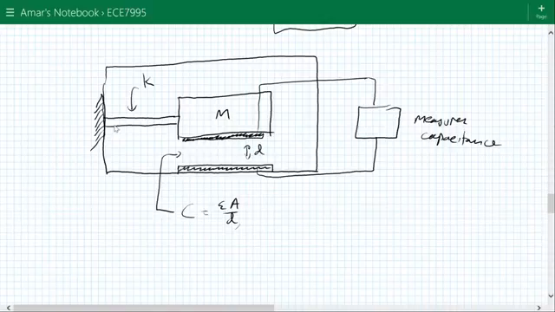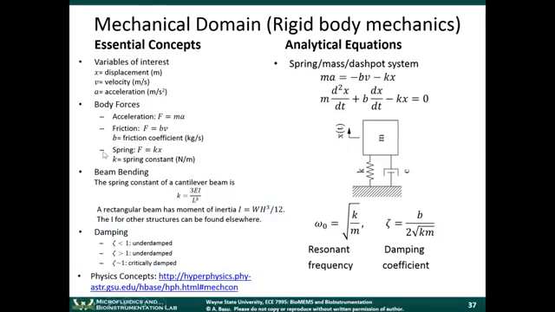With springs, a very simple way that we can model them is by using Hooke's law. Force is equal to kx. K is the spring constant of the cantilever, and x is the displacement. Imagine with the spring, the more you displace it, the more force the spring tries to pull back. That's a simple law, Hooke's law. K is a spring constant, so the more rigid the spring is, the higher the spring constant is going to be.